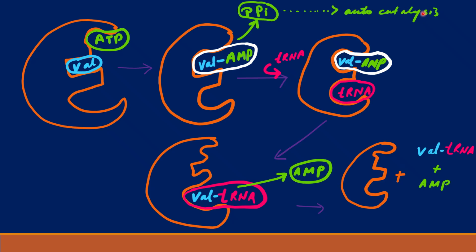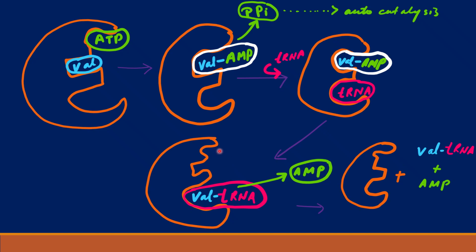Remember, whenever PPI is released, it will be hydrolyzed by the pyrophosphatase enzyme, or by autocatalysis, and it will release a large amount of energy, which will pull the reaction and stabilize the valine AMP intermediate. Once this step is over, tRNA is bound at the tRNA binding site on the enzyme, and now this valine AMP is in close association with tRNA, and it finally reacts, forming valine tRNA, and AMP is released.